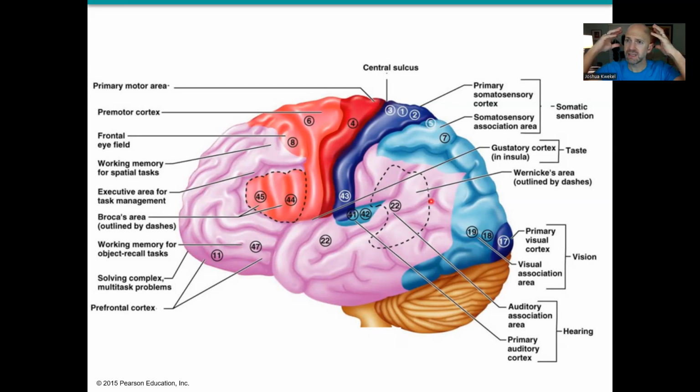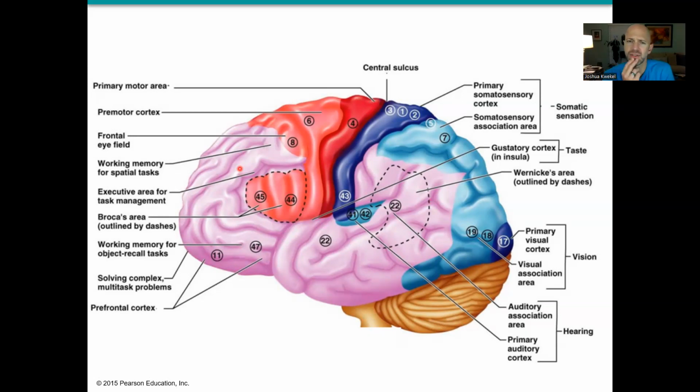Vision, hearing, touch, etc. The front of the brain is really motor control and higher executive function. There's two things I said there. Motor control means the parts of our brain that are sending outgoing signals down to the body to command muscles and glands and stuff like that, as well as processing thoughts and memories and planning and problem solving.